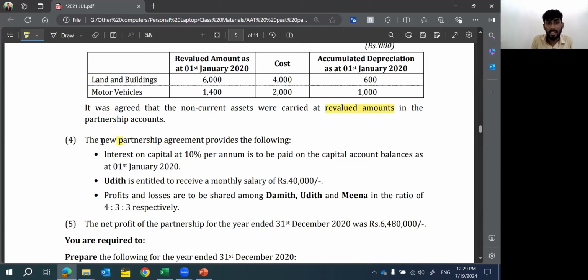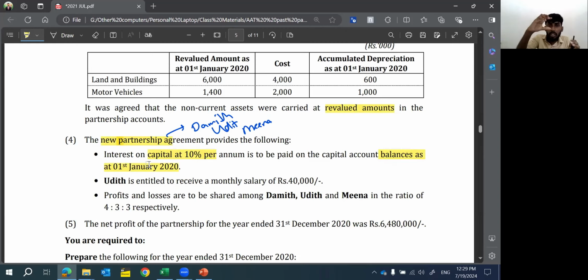New partnership agreement, that means with Damit, Udit, and Meena. Interest on capital at 10% per annum is to be paid for the capital balances as at 1st January 2022. Now I told you this new partner is coming at the beginning of the year.